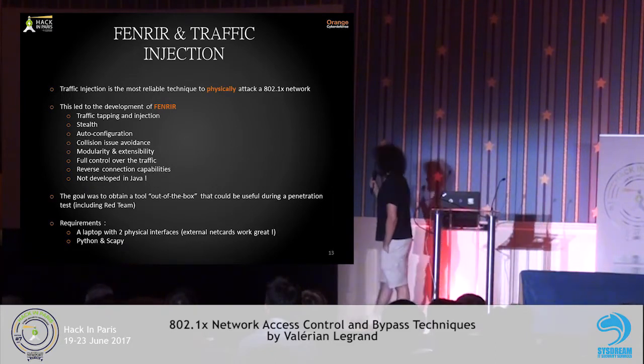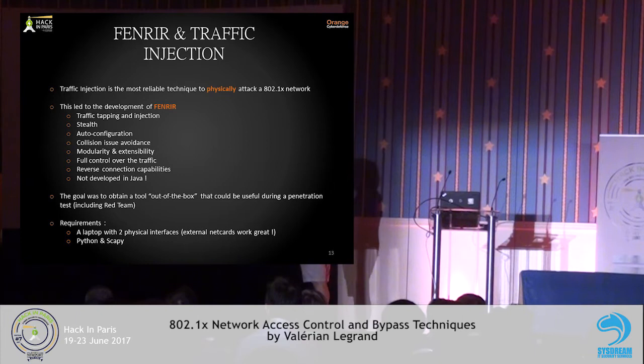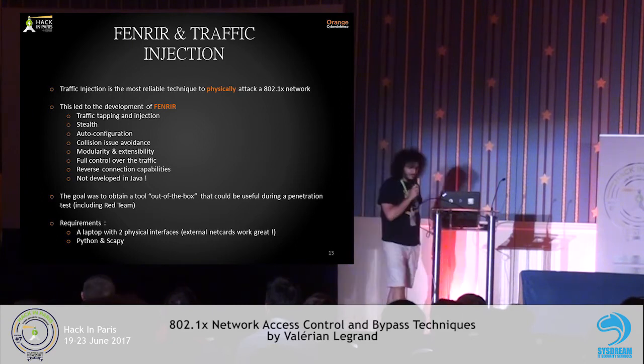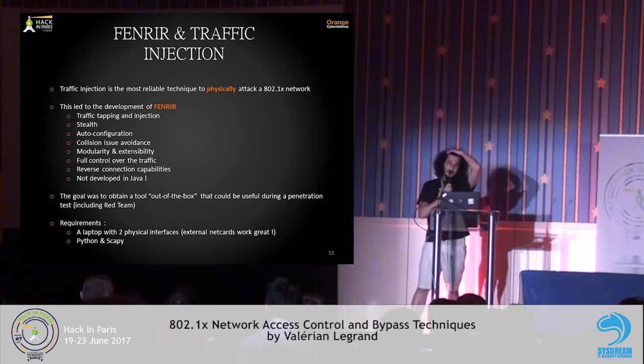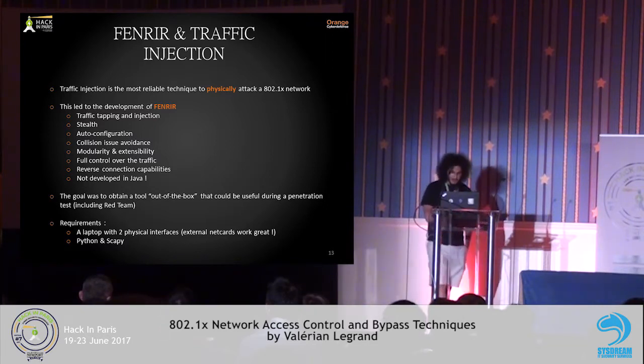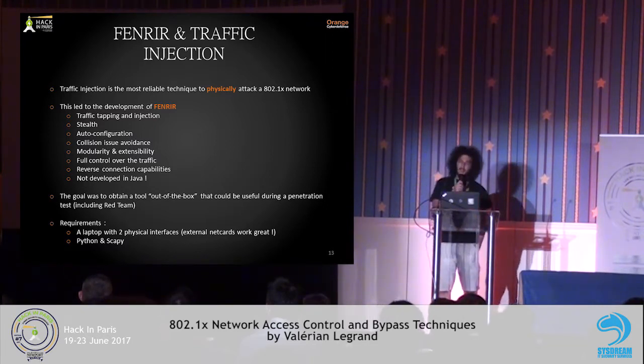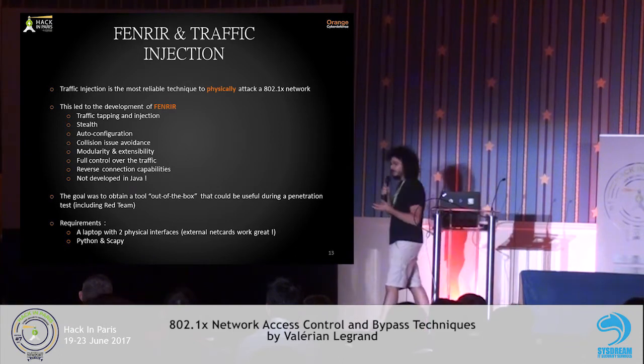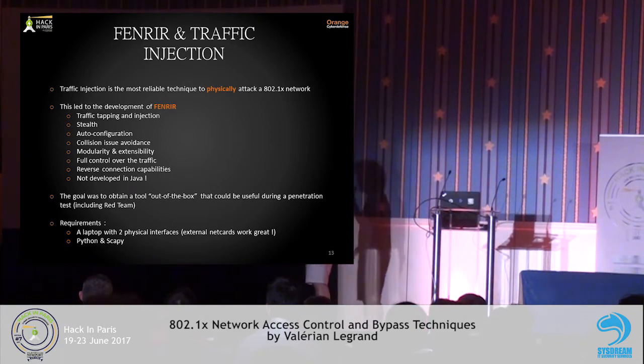And also, it's written in Python, not in Java, which is quite good, because we all know Java sucks. And some features have been improved by the tool, especially the reverse connection capabilities. And as it's written in Python, you can easily add code, add your own modules to it.